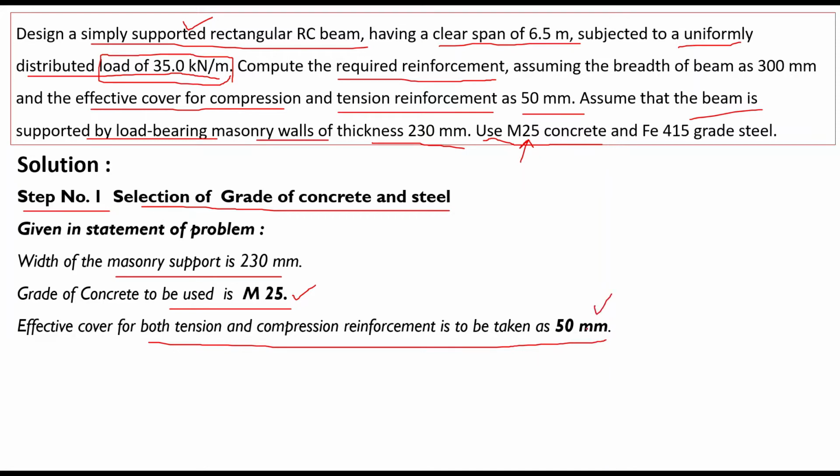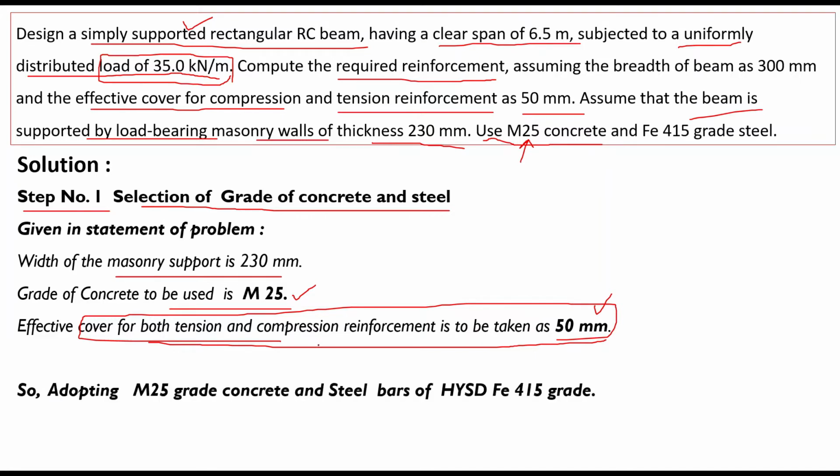You can go through lecture number 12 and you will understand the meaning of effective cover for tension as well as compression. So that means d' as well as d we take equal to 50 mm.